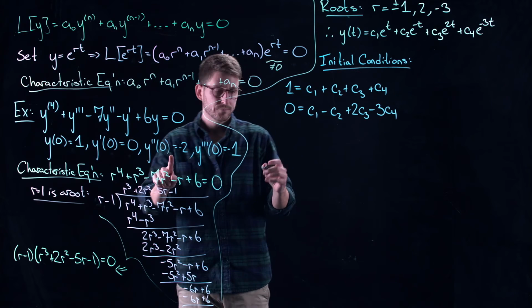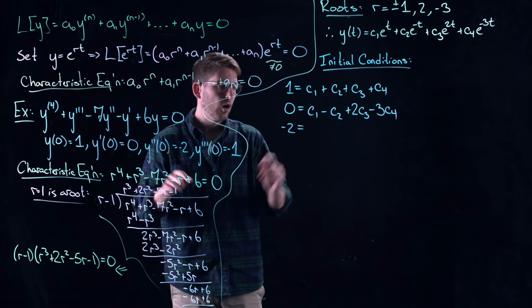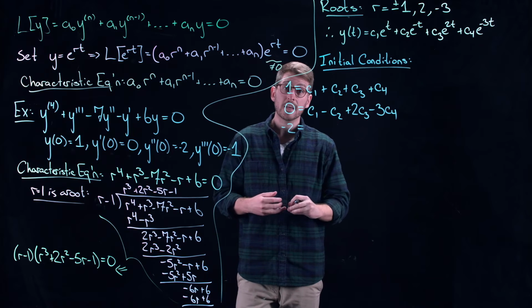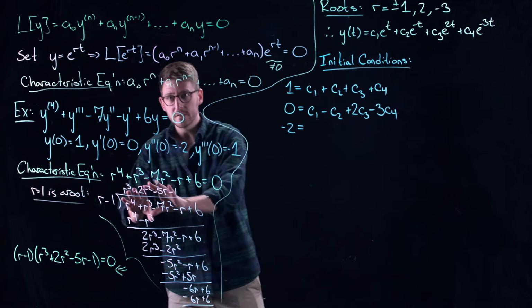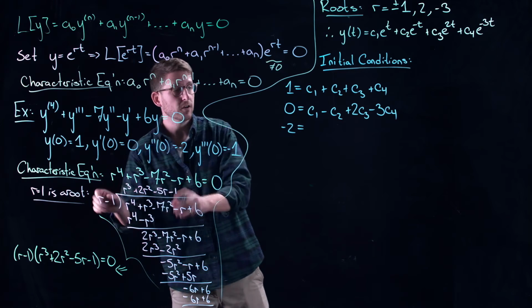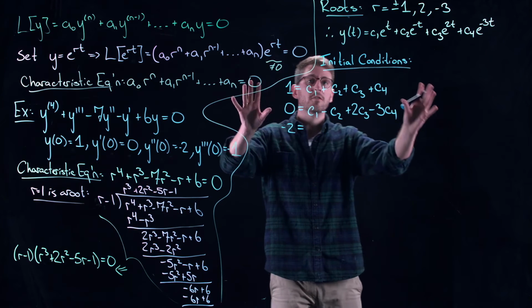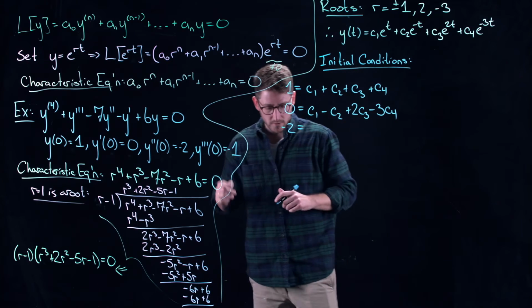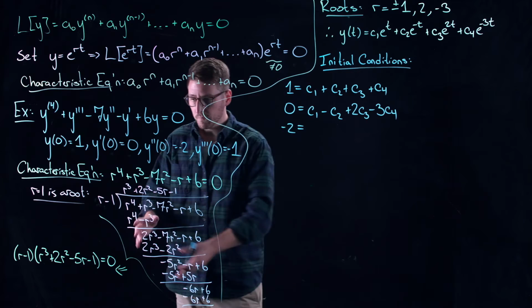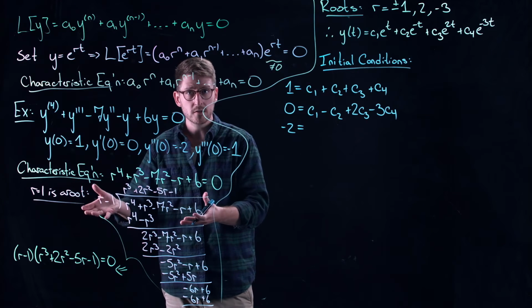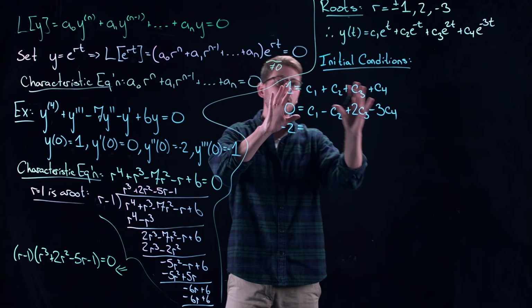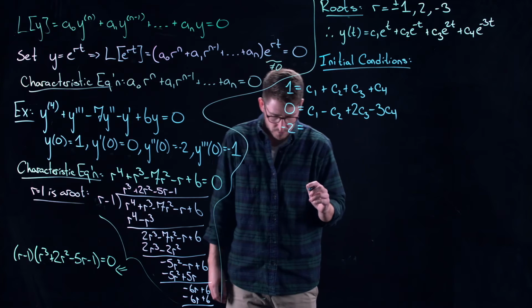Second derivative. So you can see that this is getting tedious quickly, right? Not only does it involve factoring a high degree polynomial, but it's also going to involve solving for 4 unknowns. So it's getting more complex on the polynomial side, but also more complex on the linear algebra side.